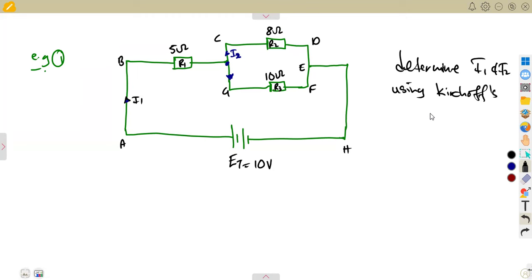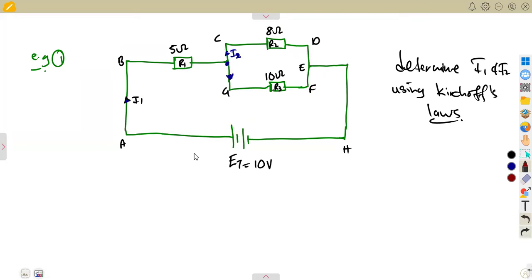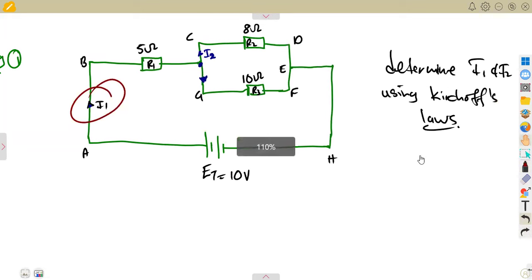All right. So the question is, how are we going to apply our Kirchhoff's laws to determine these two currents? The first thing is to formulate the currents entering and leaving the branches. So in terms of current 1, this is the current entering. Sorry for that, I want you to see this.